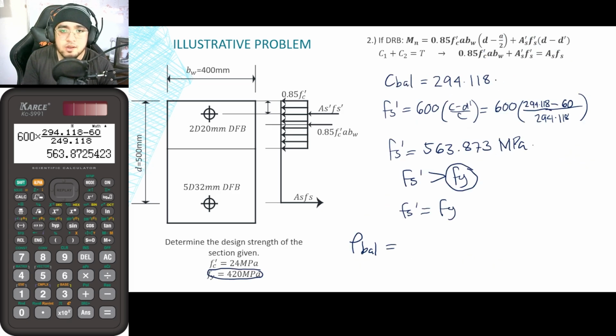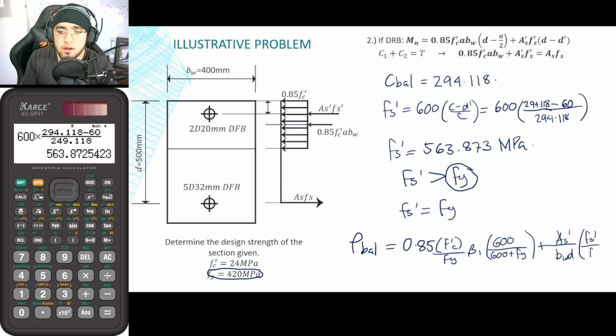So once again, 0.85 times F prime c divided by Fy times beta 1 times 600 all over 600 plus Fy, plus rho prime, and rho prime is As prime divided by b sub w d times Fs prime all over Fy.